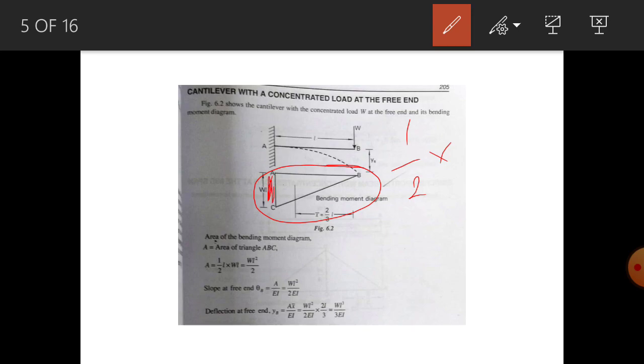This is your base, this is your height, right? So half into WL into L. So what will it become? WL square by 2, divided by EI.